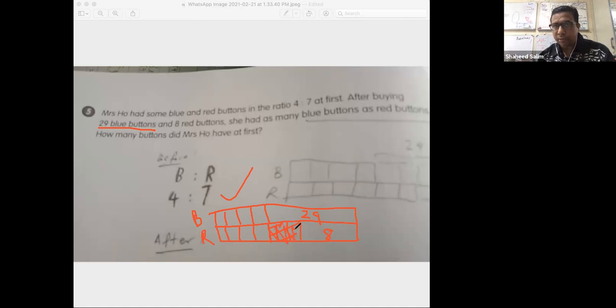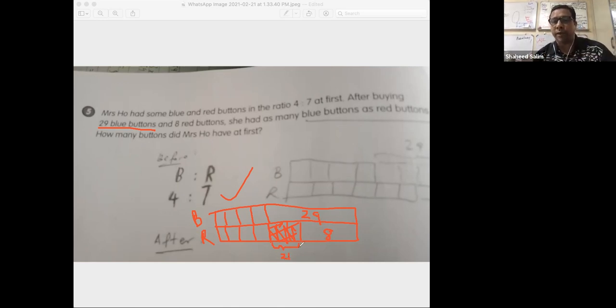Oh, very simple. 29 minus 8, you get your answer. 29 minus 8 is 21. This tree is equal to 21. Can you see now? 21 plus 8 is 29. So this tree is 21 now.